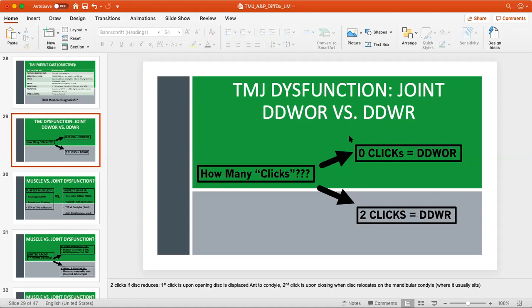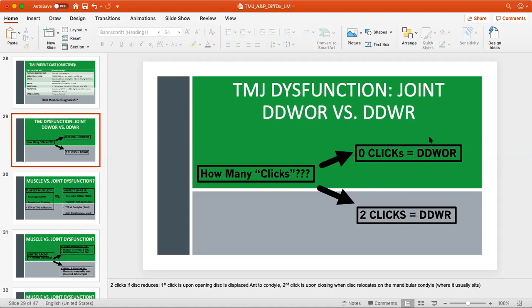So because of that, you're not going to have the disc moving off and on the condyle. You're not going to have any clicking in your disc displacement without reduction. It's not reducing, so you're not going to have any clicks. Versus with reduction refers to the idea that it's going to displace anterior as you open. So that's going to be click one.